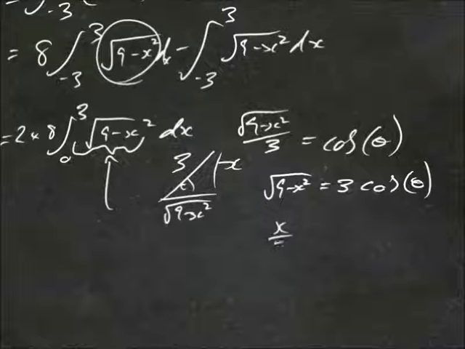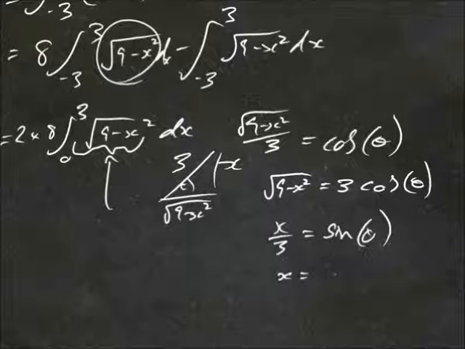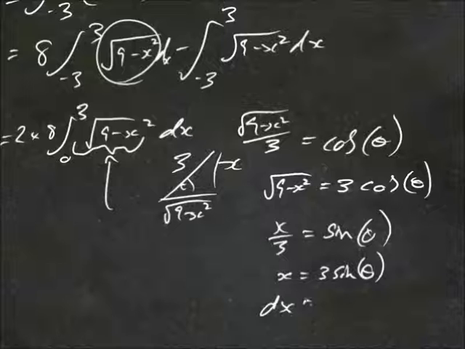Our x on 3 is sine theta, so x is equal to 3 sine theta, and therefore dx would be equal to 3 cos theta d theta.